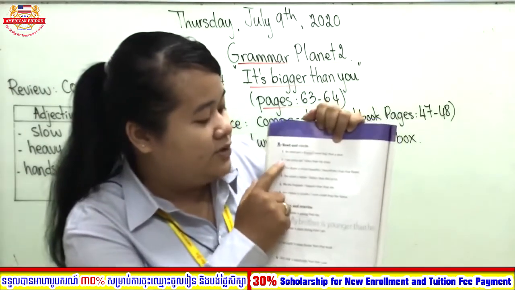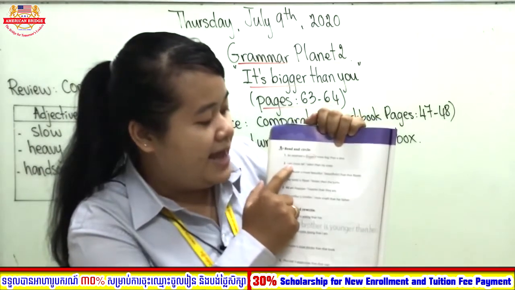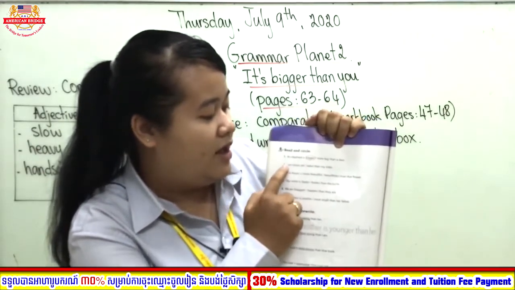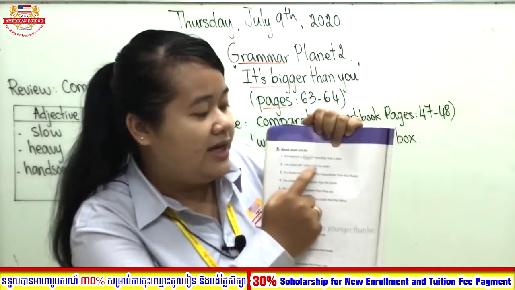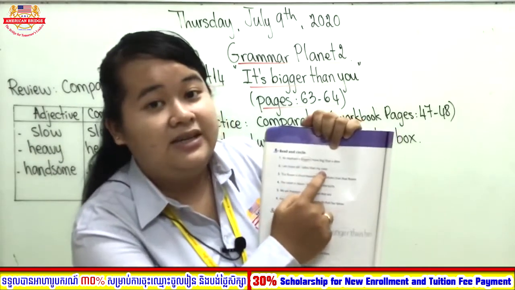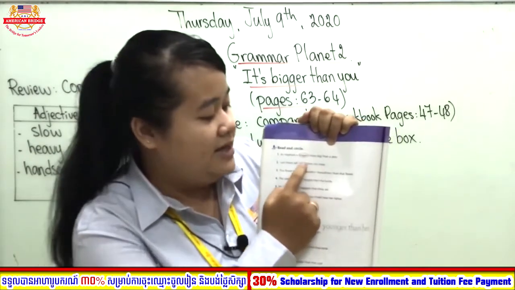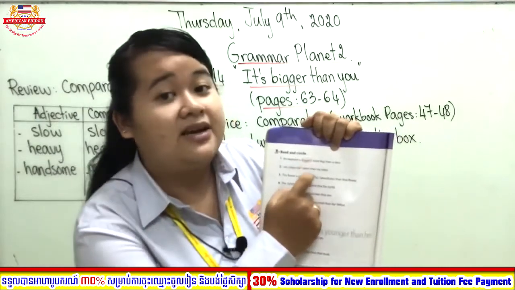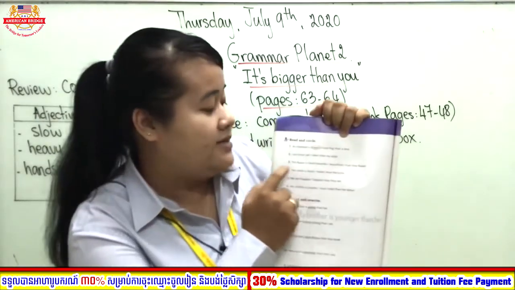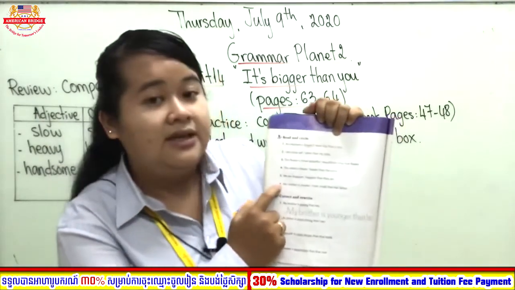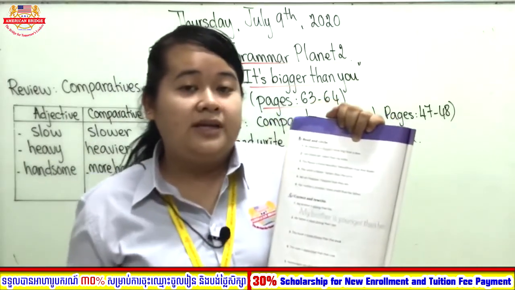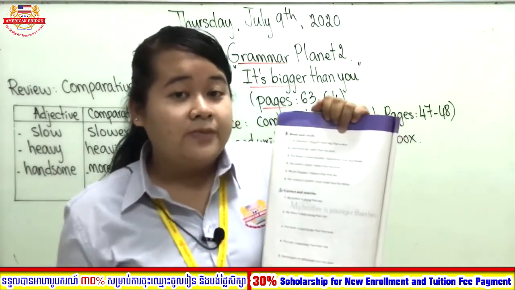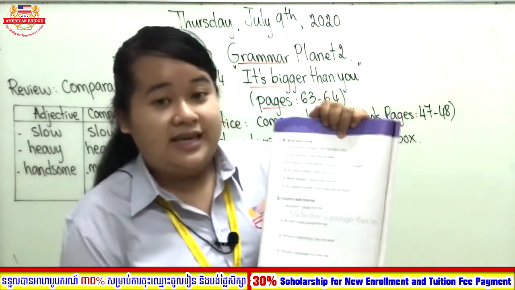And now let's move to number 2. I am more tall, or I am taller than my sister. Great. So the correct one is taller. We need to circle taller, right? Okay, so number 3 and number 6. I hope that you can do it, and don't forget to take a photo and send it to teacher.